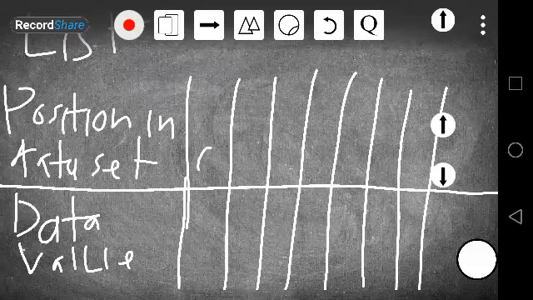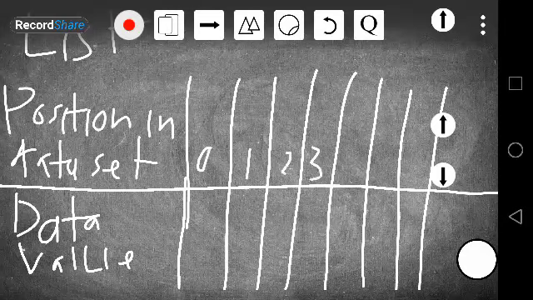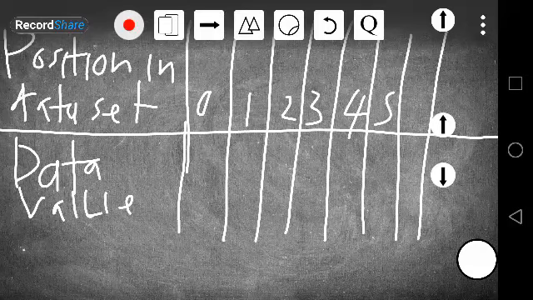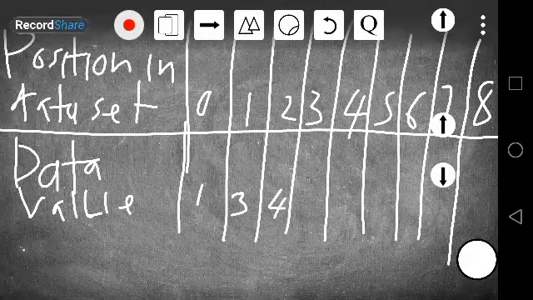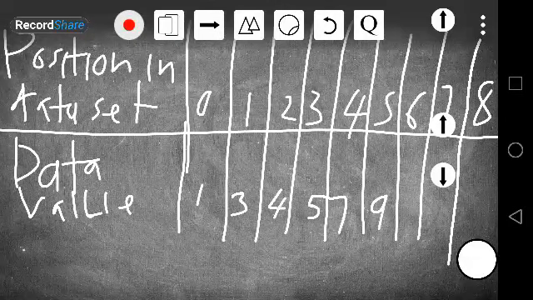So we have positions 0, 1, 2, 3, 4, 5, 6, 7, 8. Then the data values are 1, 3, 4, 5, 7, 9, 11, 14, 16.